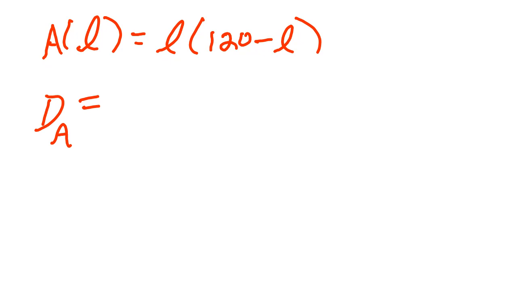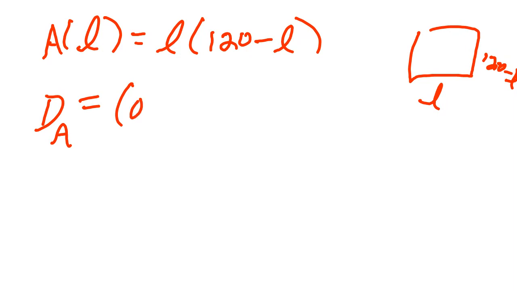Well, certainly, could it equal 0? First of all, it's got to be positive, right? So basically our picture, we got L and 120 minus L. If L is 0, I don't have a rectangle. So it has to be greater than 0. So it has to be some kind of positive number. So I'm not going to include 0.